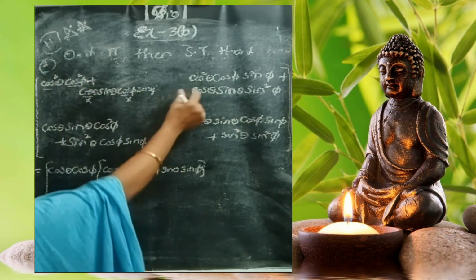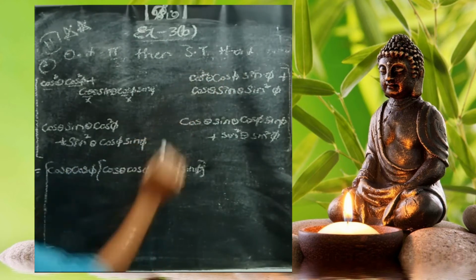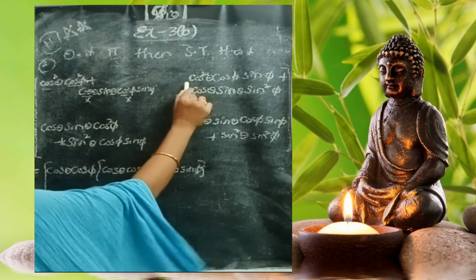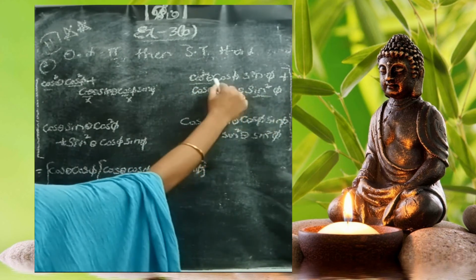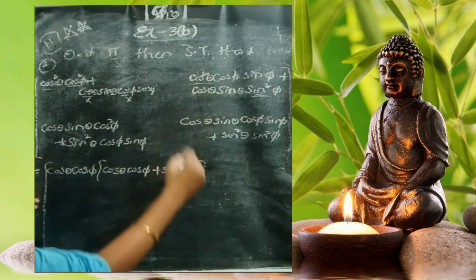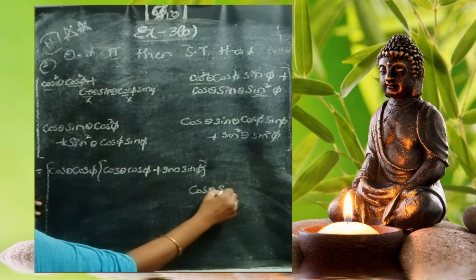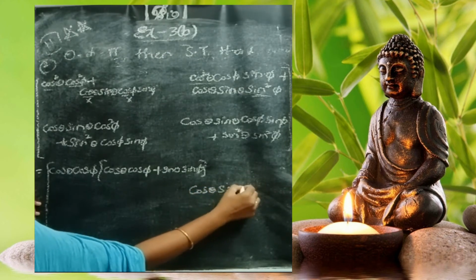Like this only. See here what are the double terms to take common. So cos theta, sin pi. Why? Because here square is there, so two terms are in the same places. So cos theta, sin pi.